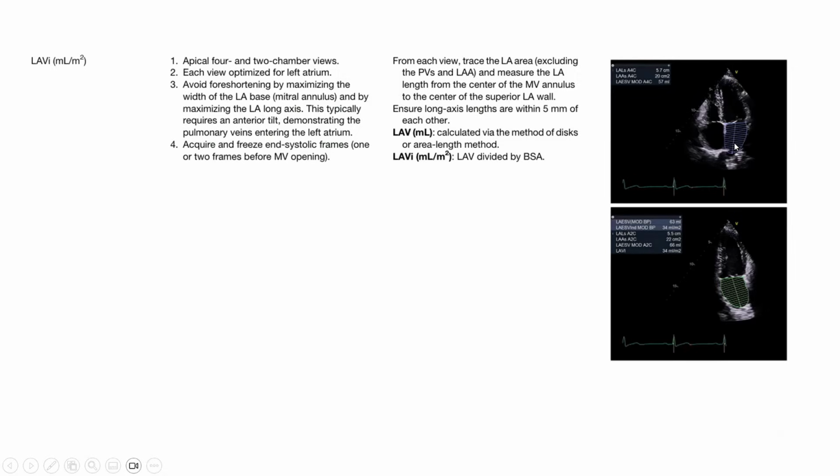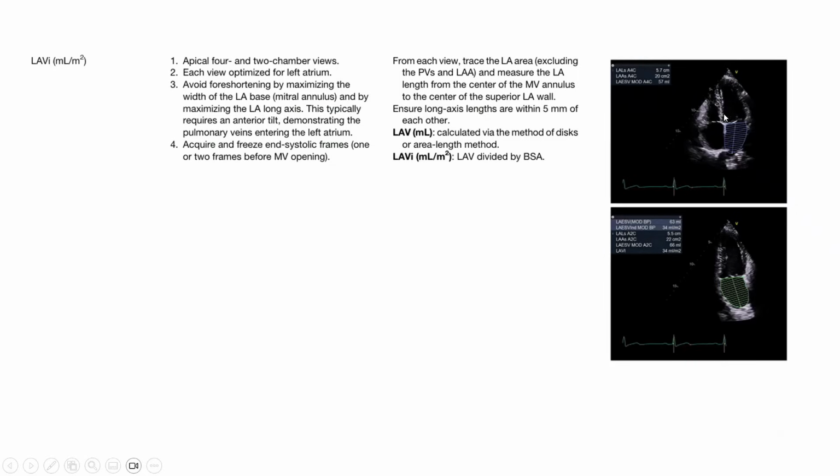So we open the LA well and we measure its boundaries while excluding the left atrial appendage and the pulmonary veins. And the method we use is the method of discs, which is the same method we use to calculate the LV volume and the LVEF by the Simpson rule.